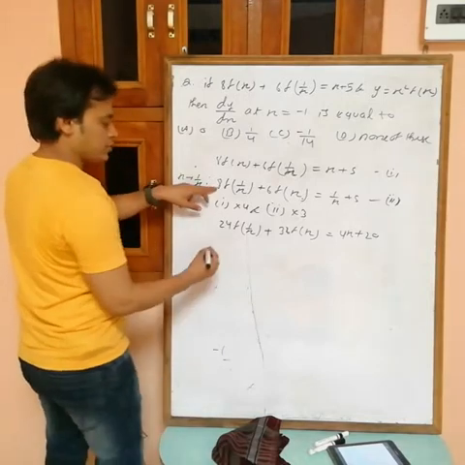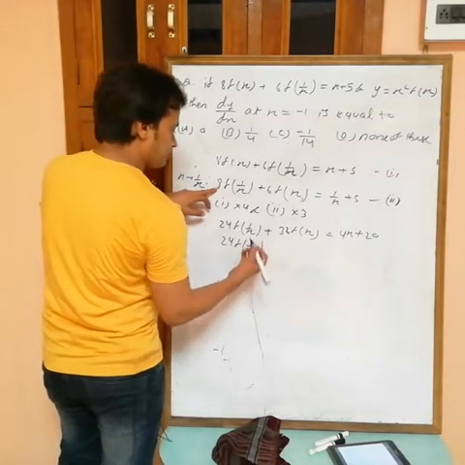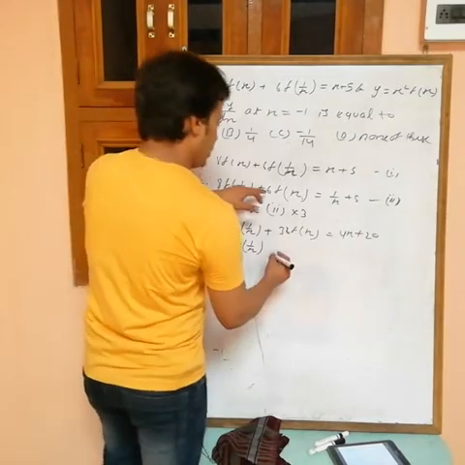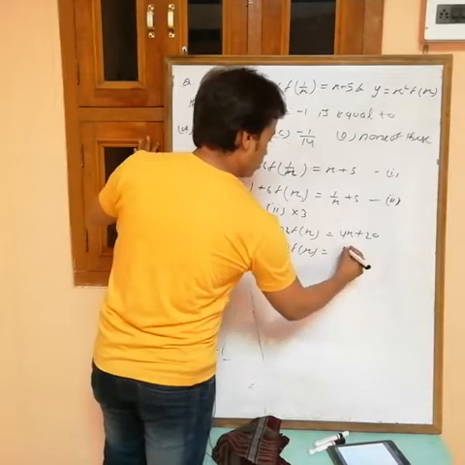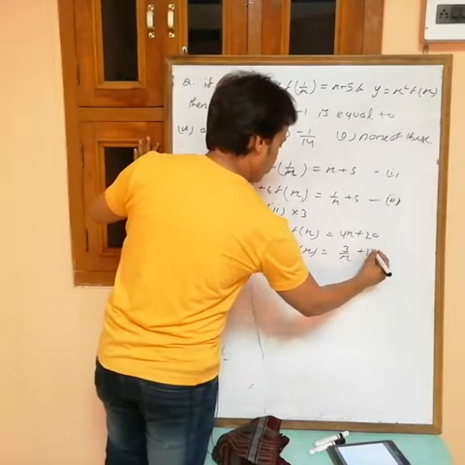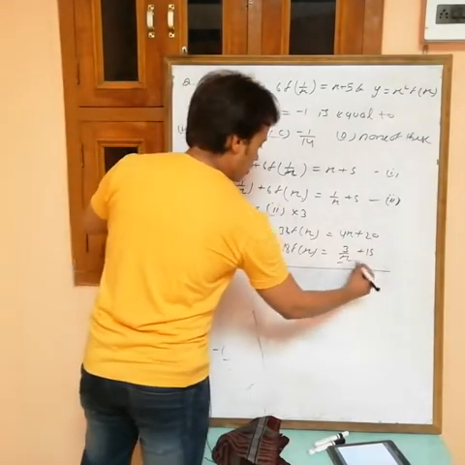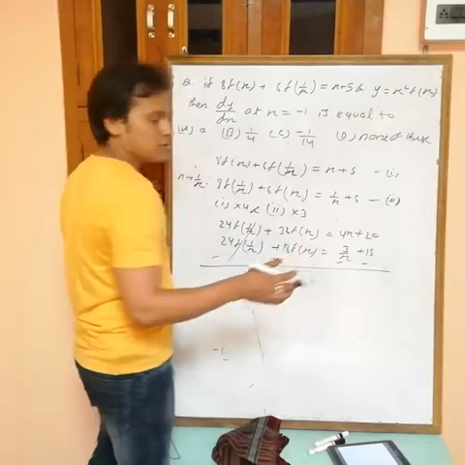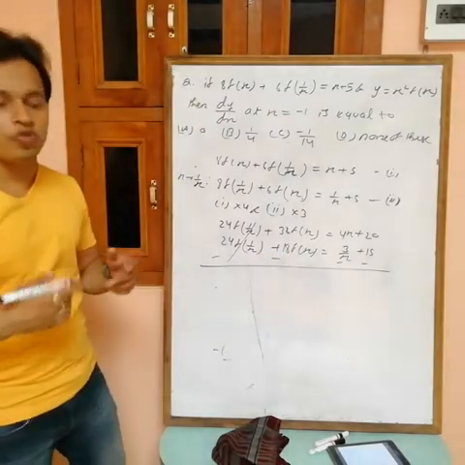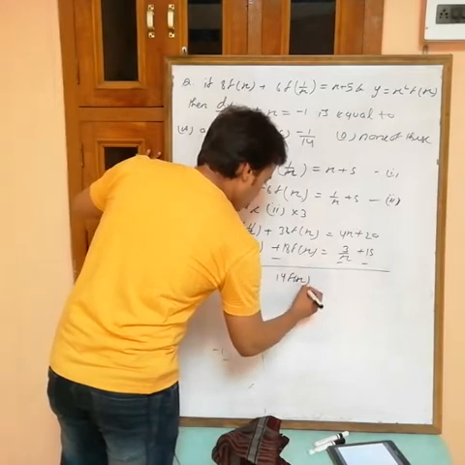If you multiply the first with 4, then this becomes 24f(1/x), and 32f(x), and 4x plus 20. Multiply the second with 3: 24f(1/x) and 18f(x), 3/x plus 15. Now subtract. If you subtract, then 24f(1/x) cancels out. 32 minus 18, what remains? 14f(x).